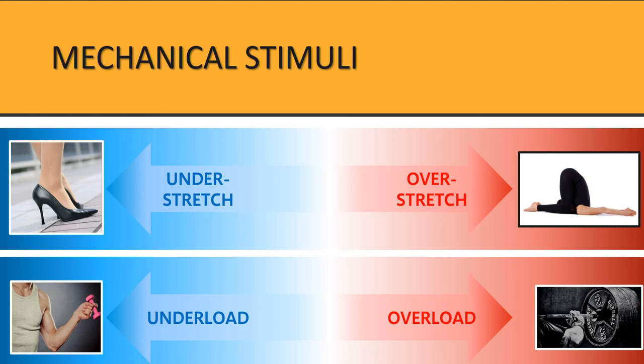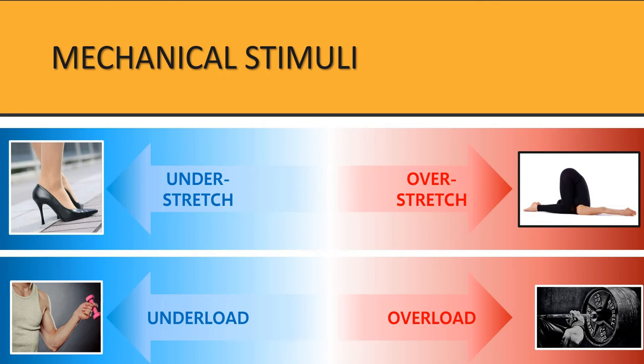So we're going to divide mechanical stimuli into 4 basic categories. Imagine in the middle here is your current level of fitness and current level of daily activity. On the left hand side we have understretch, which simply means that your muscle will be kept in a shortened position more often than it normally is.